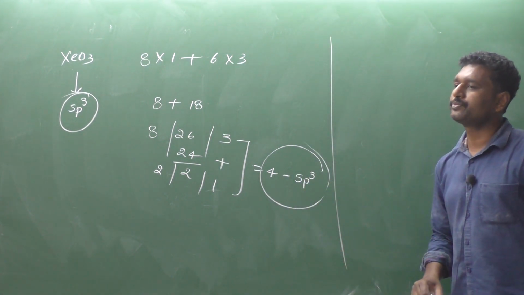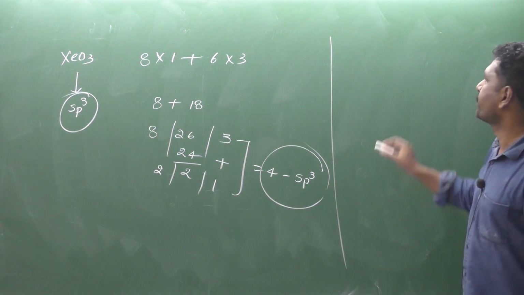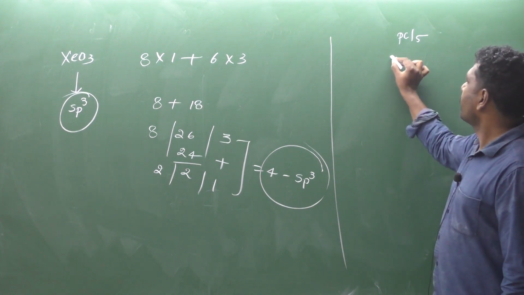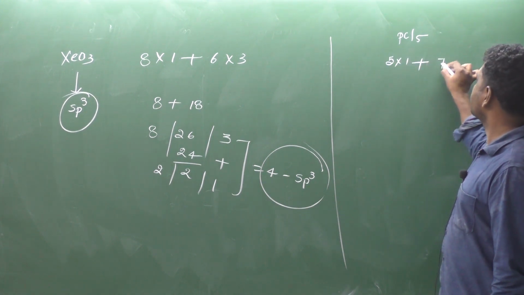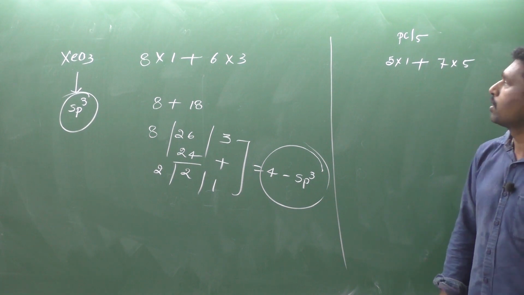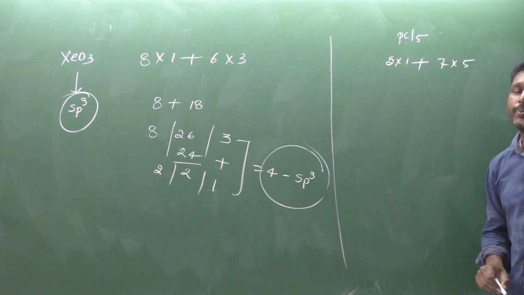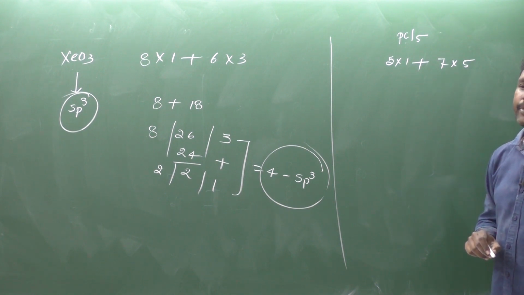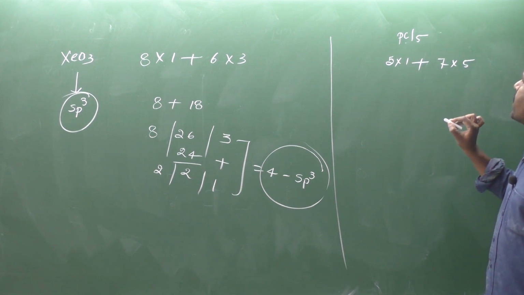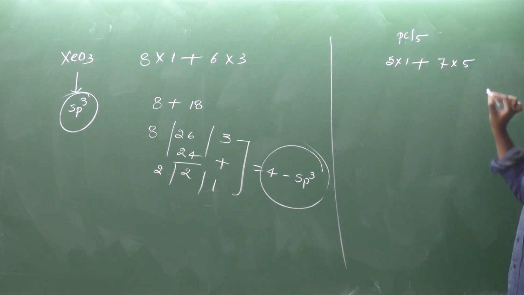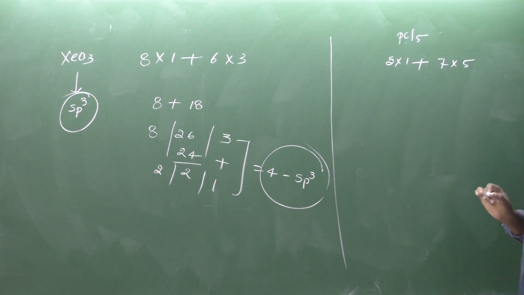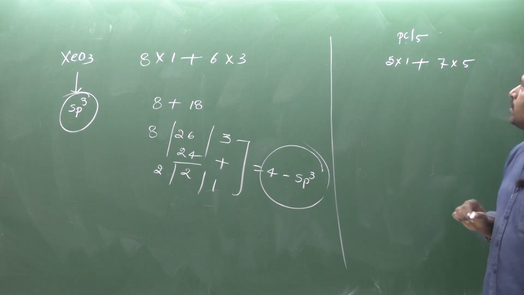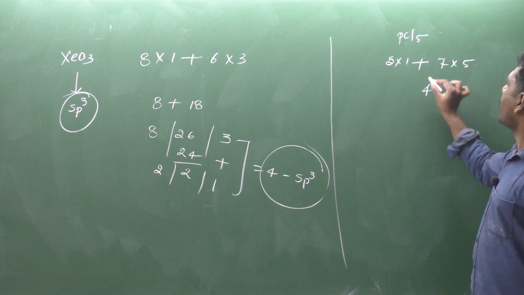After that, PCl5, phosphorus pentachloride. Phosphorus belongs to the 5th group, chlorine belongs to the 7th group. How many chlorine atoms are there here? 5 chlorine atoms are there. Therefore, 5 into 1 plus 7 into 5: 35, 40.